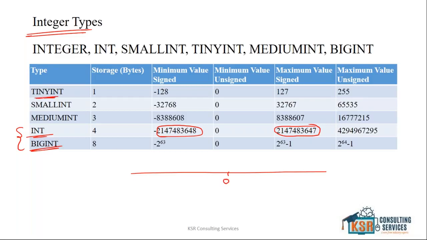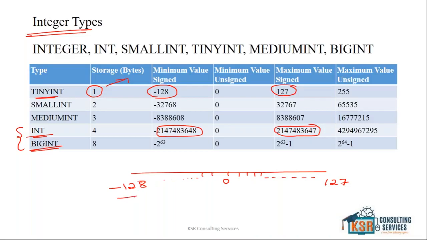Tiny int, its storage is one byte. The storage is 1 byte, but if I go and see, the minimum number that I can store is minus 128. The maximum number I can store is 127. It will continue like 1 2 3 4, and this will be like -1 -2 -3.